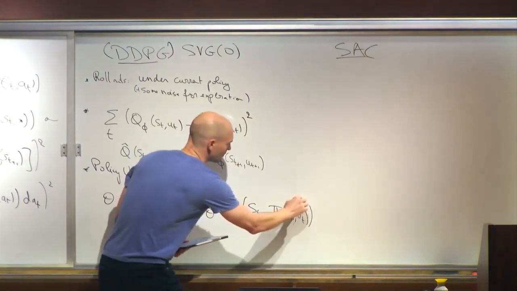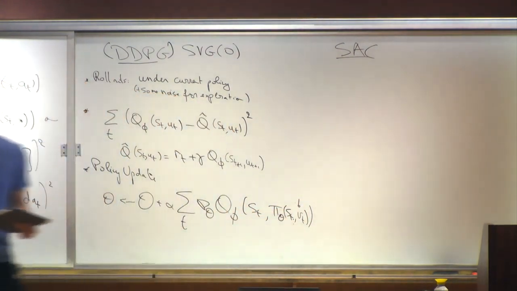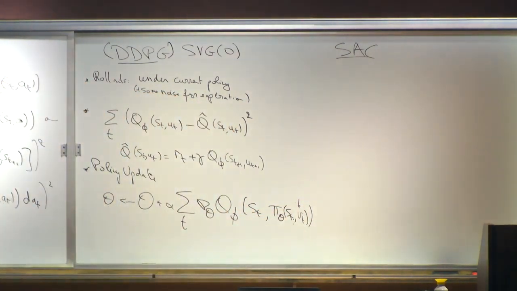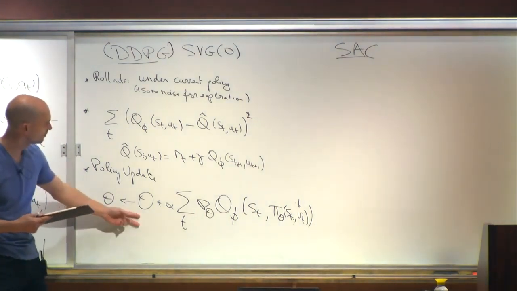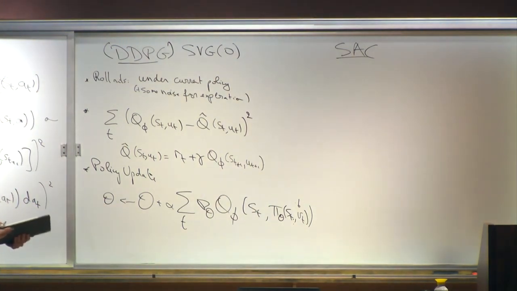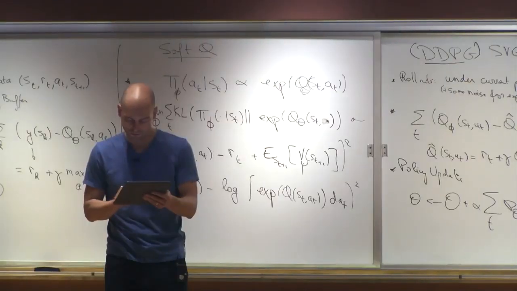But you remember what noise went in and reuse that specific noise as you do your backpropagation here. That's essentially the reparameterization trick, which we've seen before, but applied here to extracting a policy from the Q function. This is SVG0.